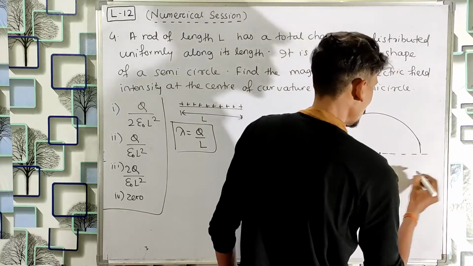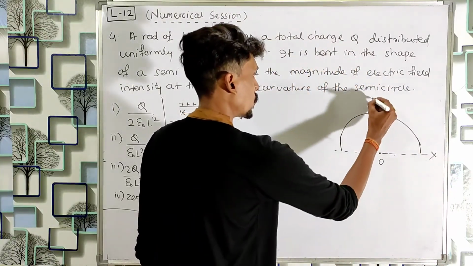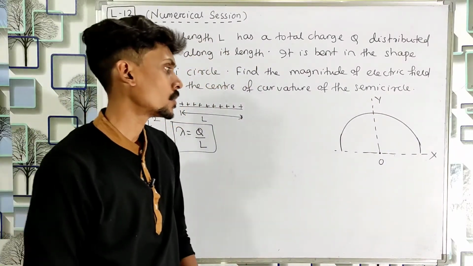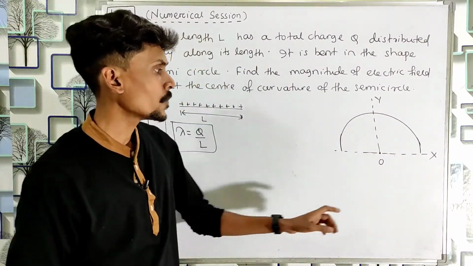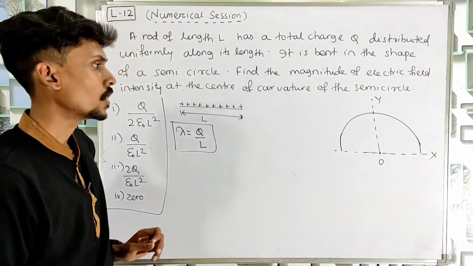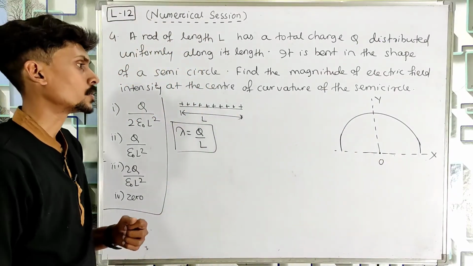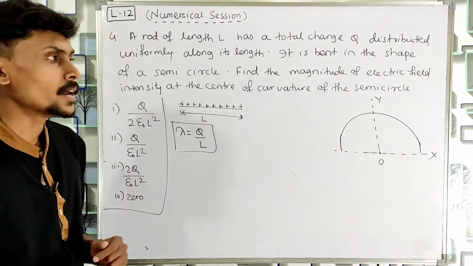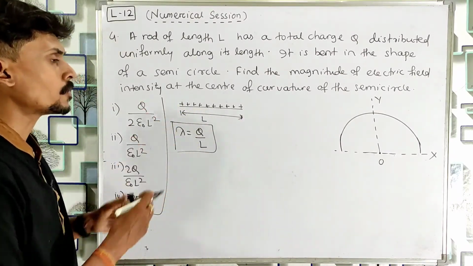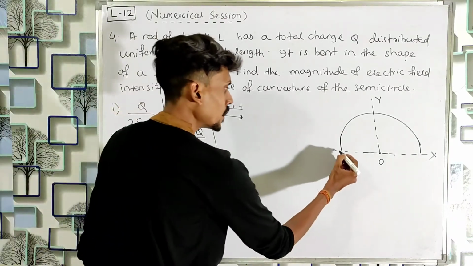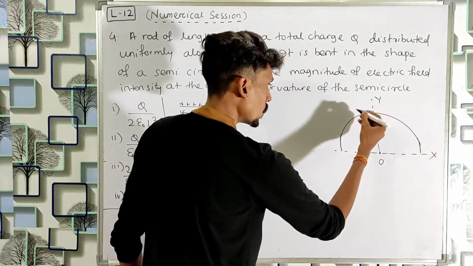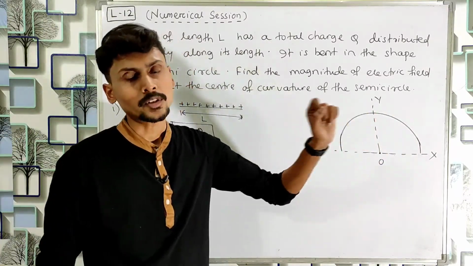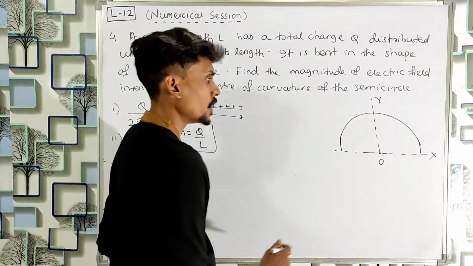So draw a line like this. This is the x-axis, and suppose this is the y-axis. We have to find the total electric field intensity at this point. So let us solve this question. If L is the length of the wire and the wire is bent in the form of a semicircle, then this length is also L. Means this is half of the circumference.